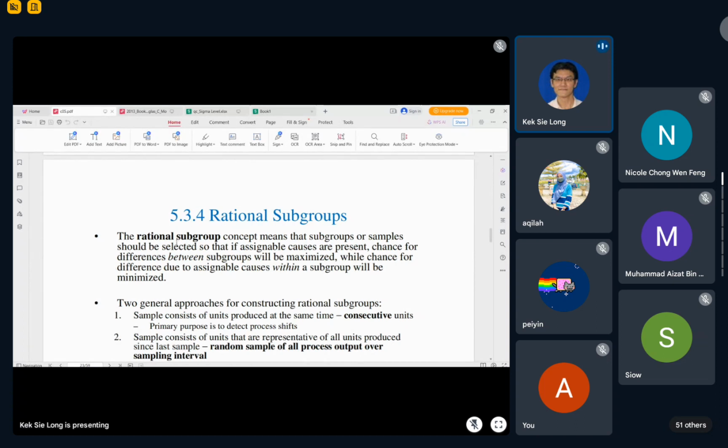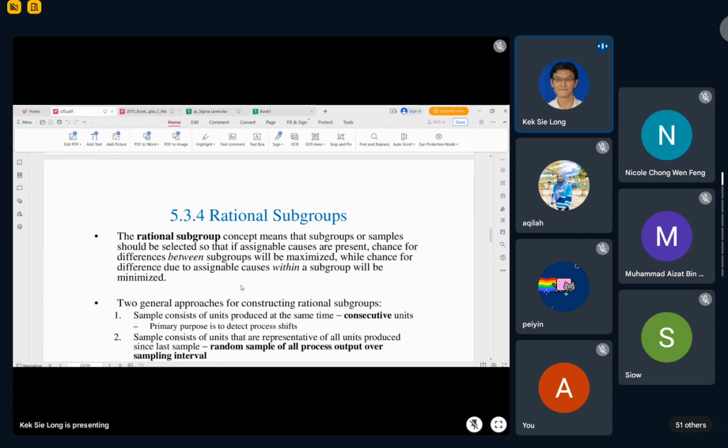So we have rational subgroups. The rational subgroup concept means that these subgroups or samples should be selected so that if assignable causes are present, the chance for differences between subgroups will be maximized, while the chance for differences due to assignable causes within a subgroup will be minimized.